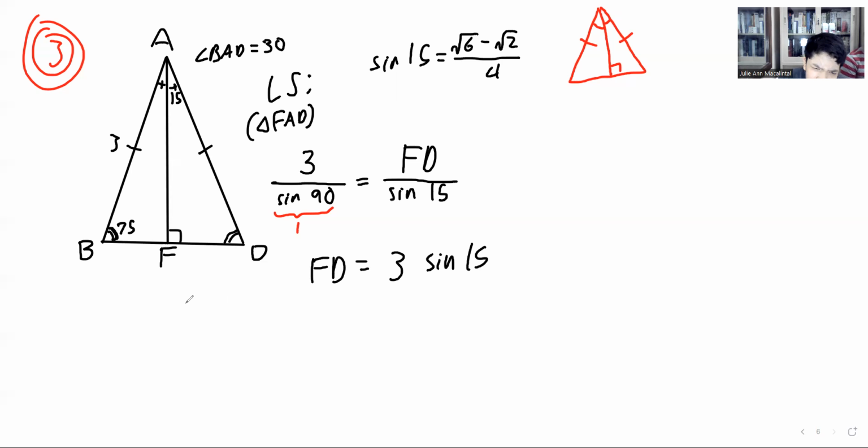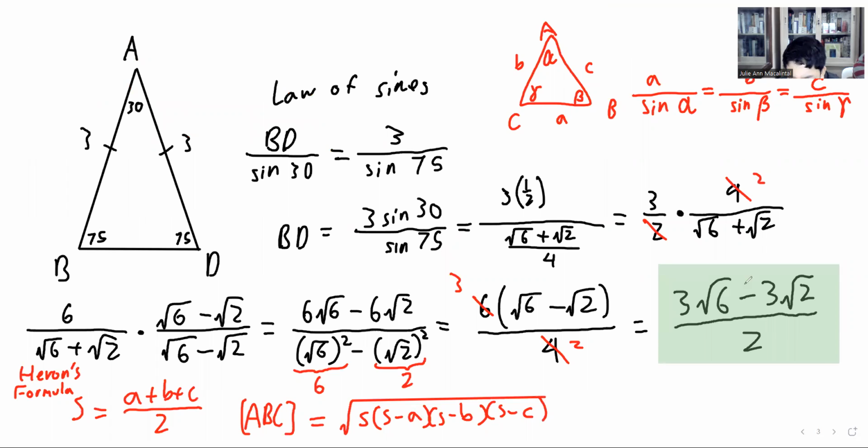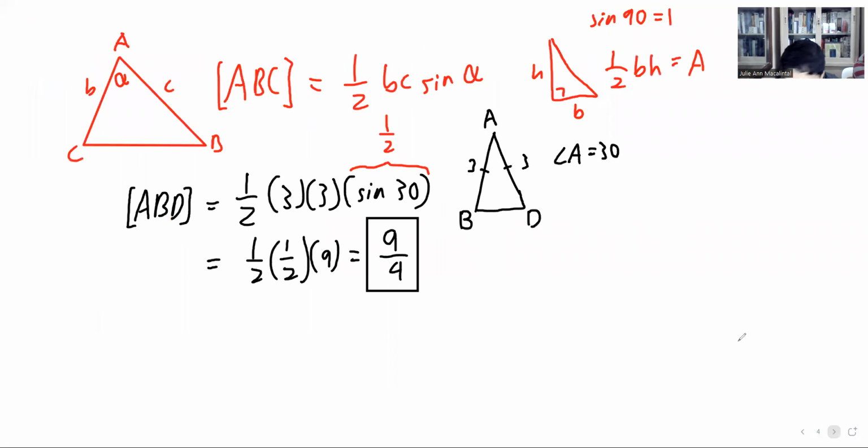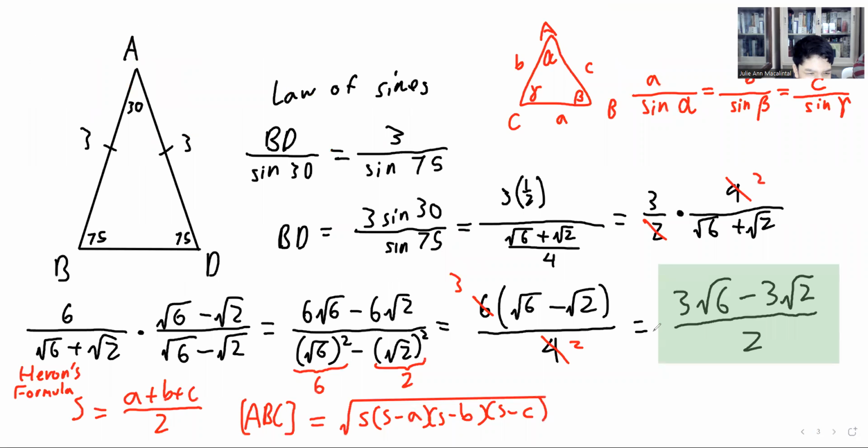So then we can conclude FD is 3 square root of 6 minus 3 square root of 2 over 4. This looks like sine 75, I think. Yes, it looks very similar. Oh, FD is that.